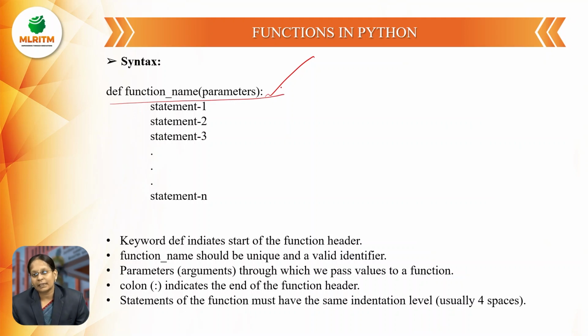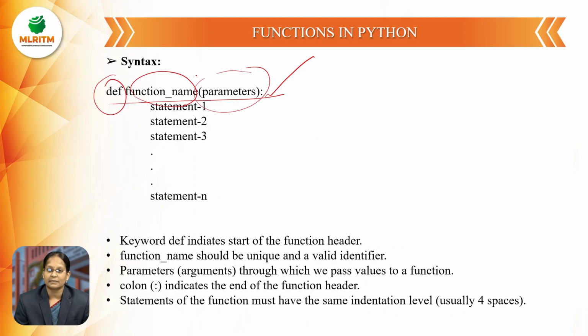While defining a function, we use the keyword def, the function name and the set of parameters, separated with commas, and it ends with a colon.